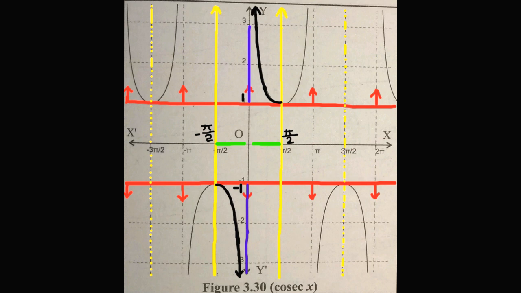It is decreasing in closed interval 3pi/2 to 5pi/2 except 2 pi, and it is increasing in the closed interval -3pi/2 to -pi/2 except -pi, and so on. Thus, the graph of cosecant function is either increasing or decreasing in these intervals. So, the cosecant function is one-one and onto in all these respective intervals.